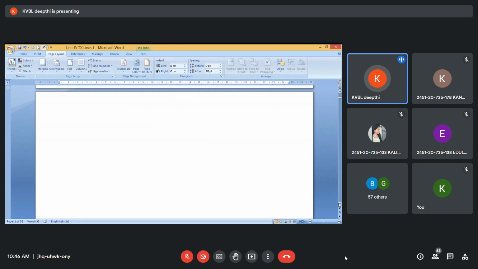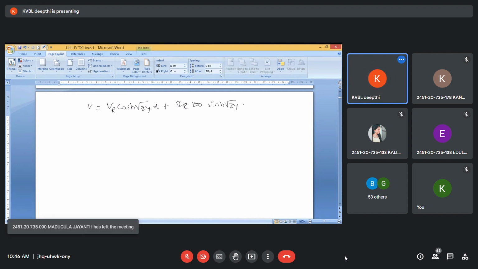So finally, what are the equations we have got? We have got the equations for V and I, correct? We wrote the equations in hyperbolic terms. What was the equation we got? Finally, V is equal to VR cosh root of ZY x plus IR Z naught sinh root of ZY into x.